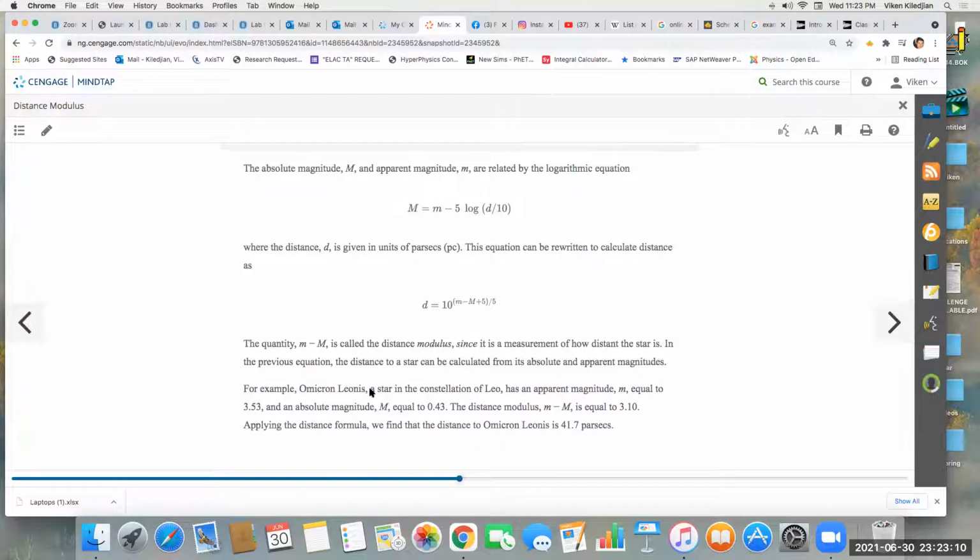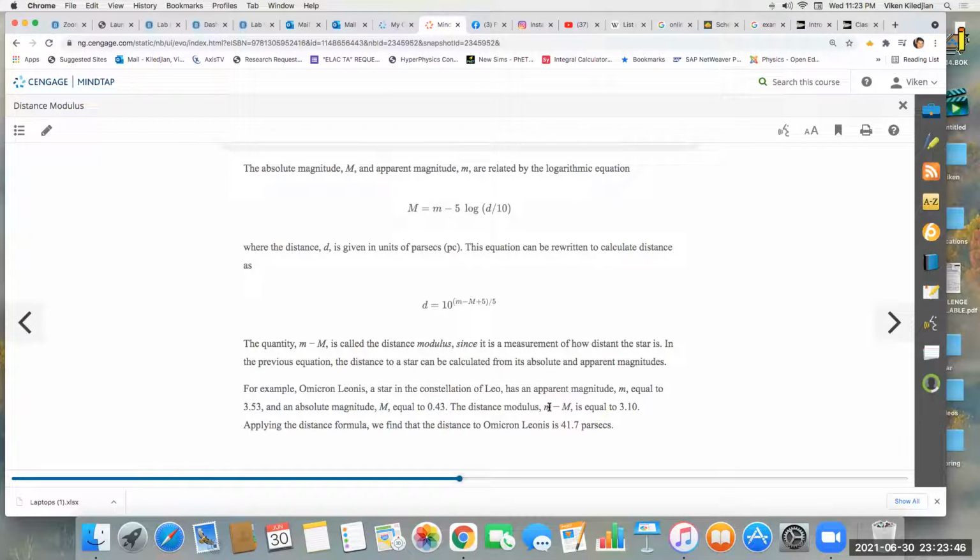The quantity little m minus big M is called the distance modulus, since it is a measurement of how distant the star is. In the previous equation, the distance to a star can be calculated from its absolute and apparent magnitude. For example, Omicron Leonis, a star in the constellation of Leo, has an apparent magnitude equal to 3.53 and an absolute magnitude, big M, equal to 0.43.